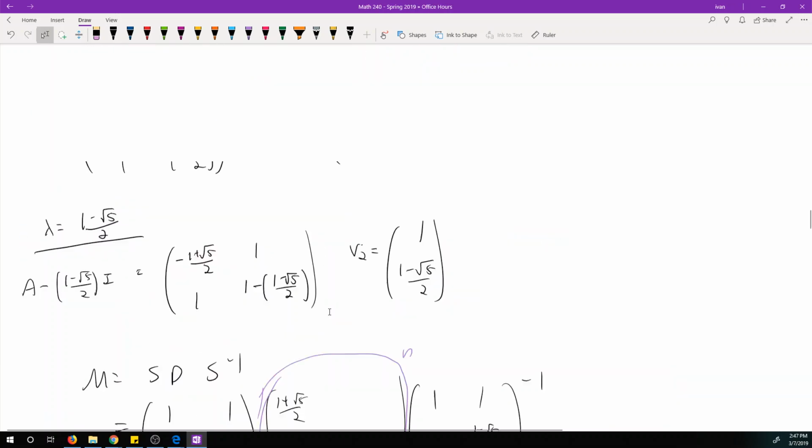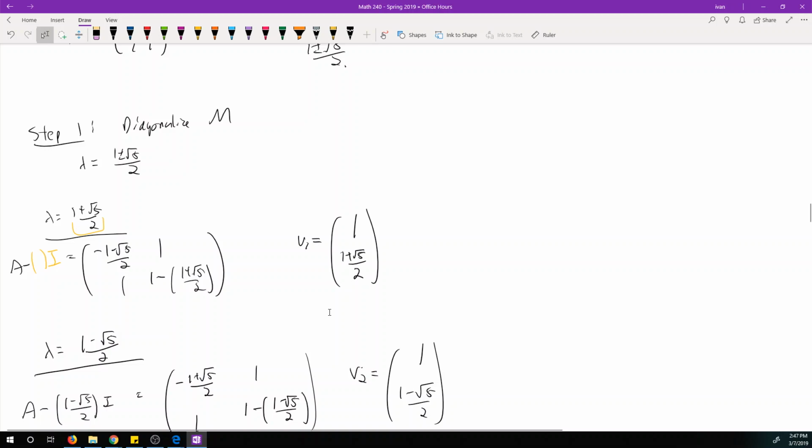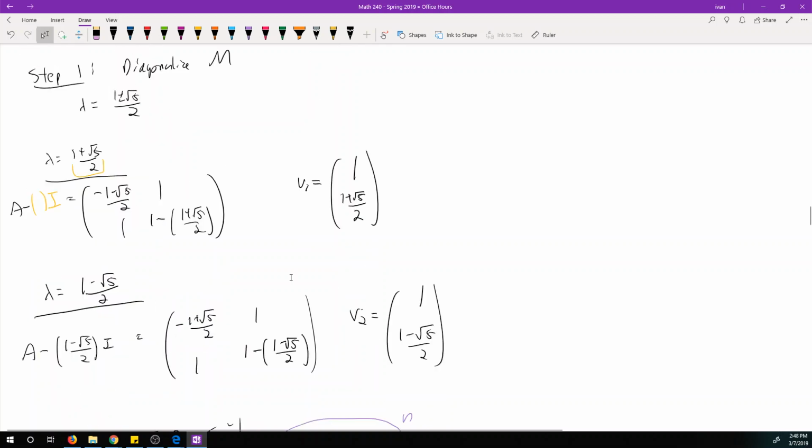Let's see. So I think we did the same thing down here. This one was a little easier because these values were 1. So if I take a look at the first row, or if I take a look at a row, my computer's being slow.